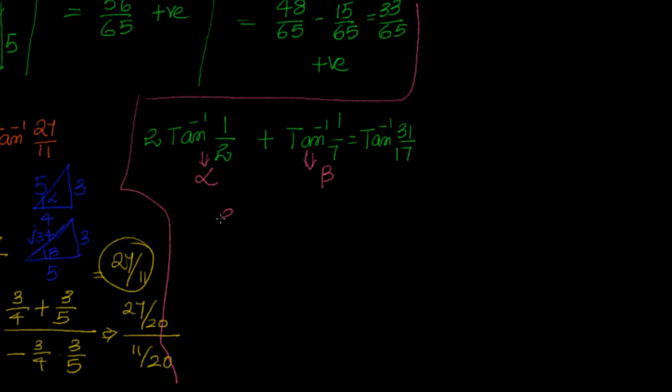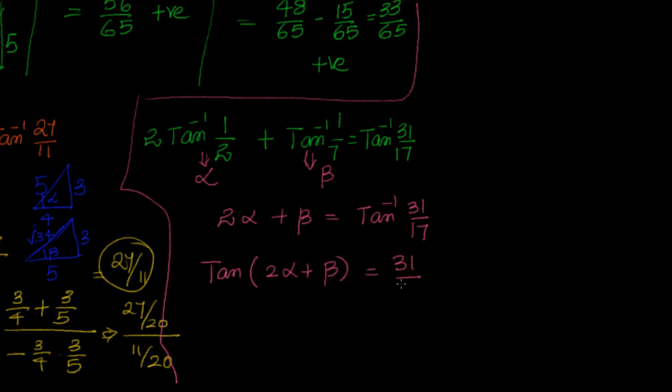Now what I will have? 2 alpha plus beta equal to, I have to prove it as tan inverse of 31 by 17, or I can say I have to prove it as tan of 2 alpha plus beta equal to 31 by 17. Now tan of 2 alpha plus beta.